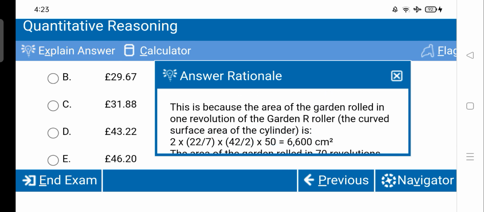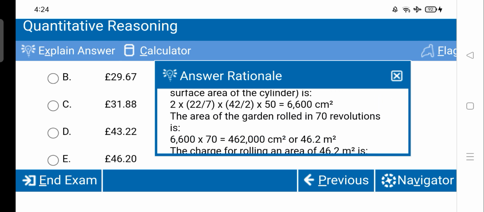This is because the area of the garden rolled in one revolution of the garden R roller, the curved surface area of the cylinder, is 2 into 22 by 7 multiplied by 42 by 2 multiplied by 50 equals 6,600 centimeters squared.